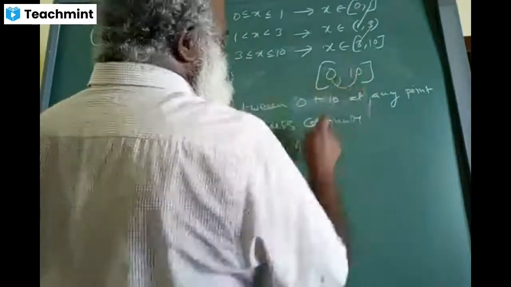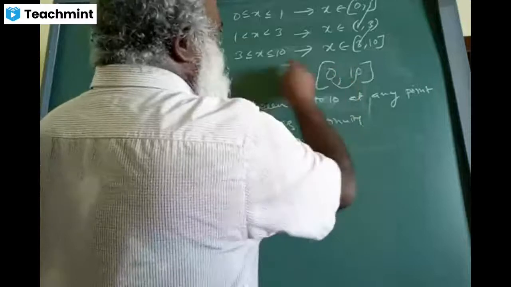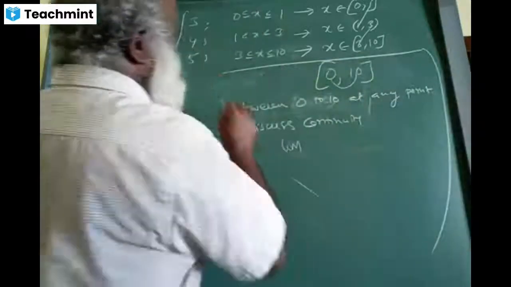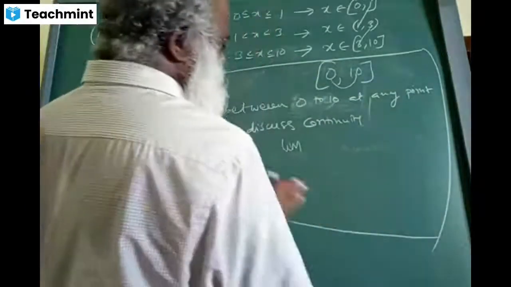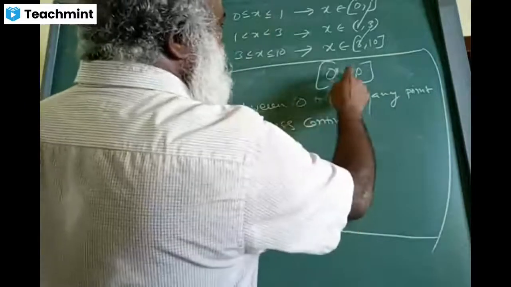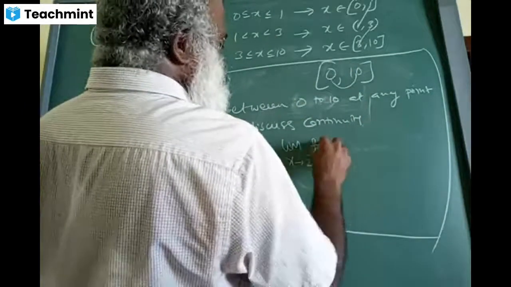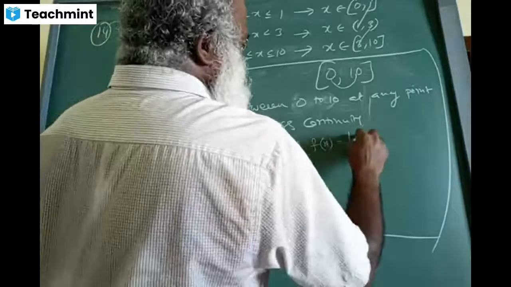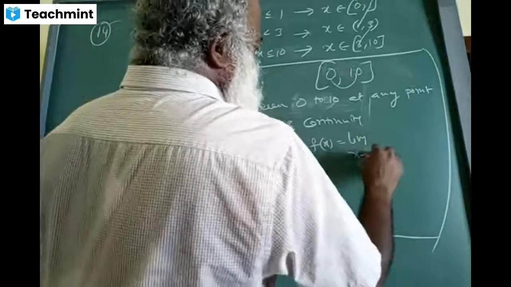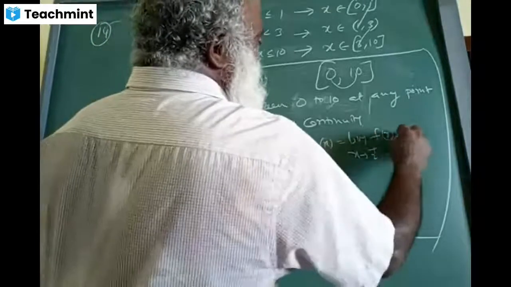Suppose 2 is there. Now, solve the example: limit x tends to 2 minus f of x, limit x tends to 2 plus f of x, and f of 2.